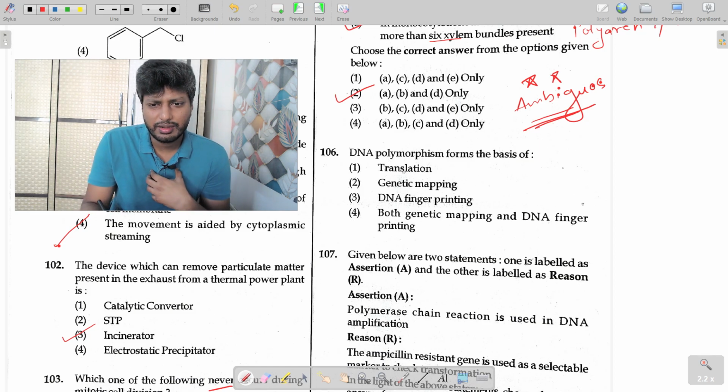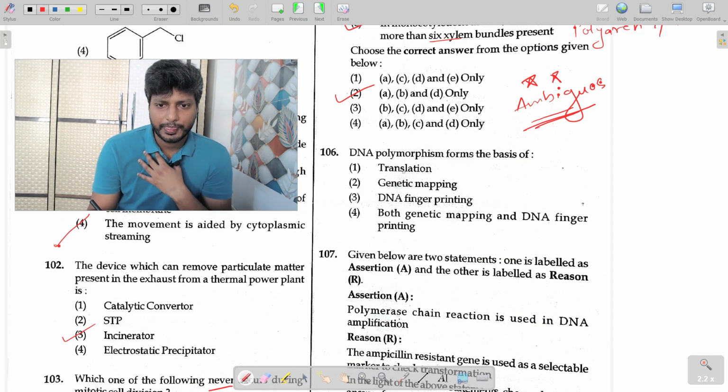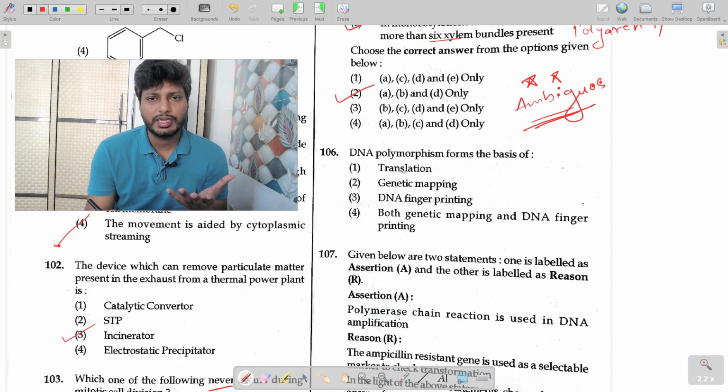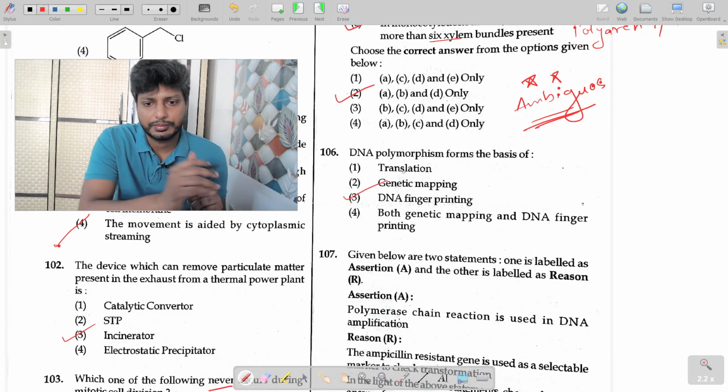The fourth option is saying both genetic mapping and DNA fingerprinting, but genetic mapping, dear students, is a different thing altogether. Gene mapping is mainly done to find out the order and location of genes on the chromosomes, but that has nothing to do with the changes in the DNA. So the right answer for this is option number 3, DNA fingerprinting.